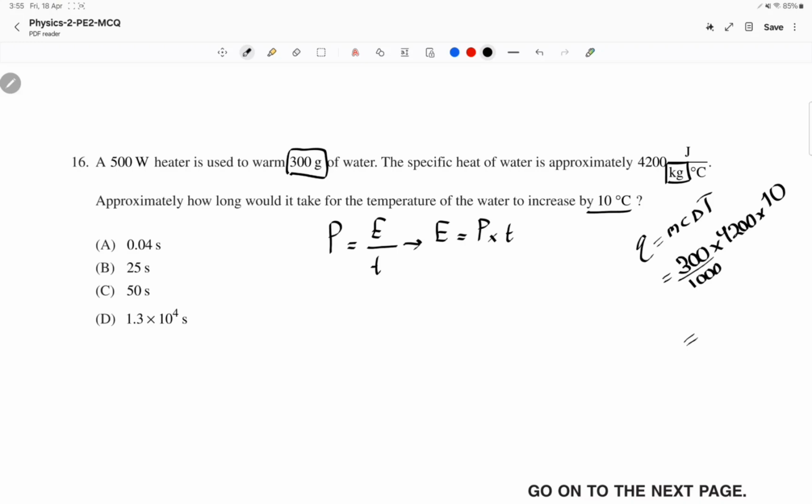So let's go ahead and see how much we get. 12,600 joules. So here the heat, 12,600, is equal to the power times the time. So the time is equal to this number divided by this number. 25.2. So choice B.